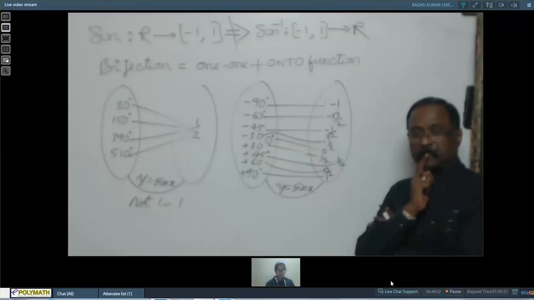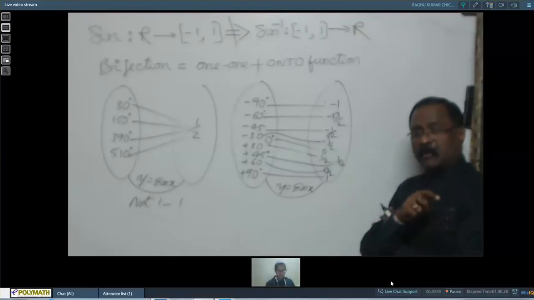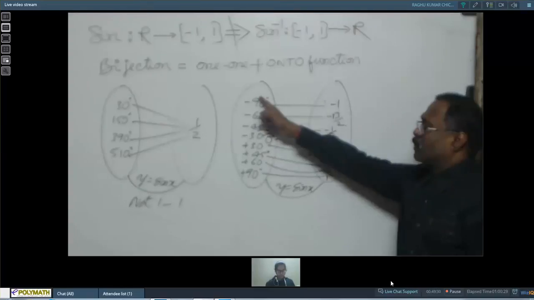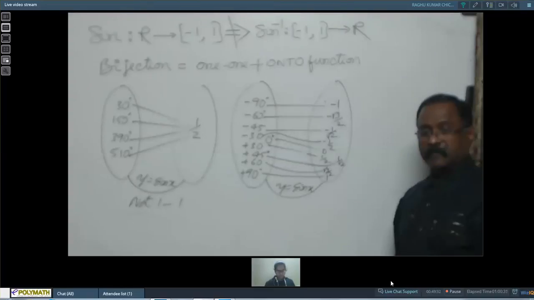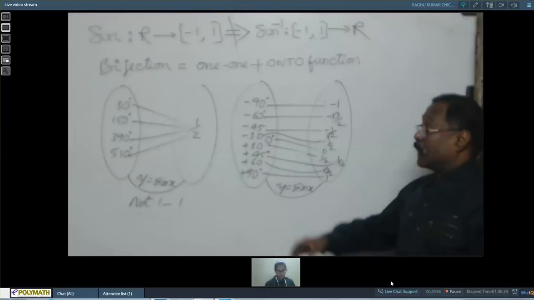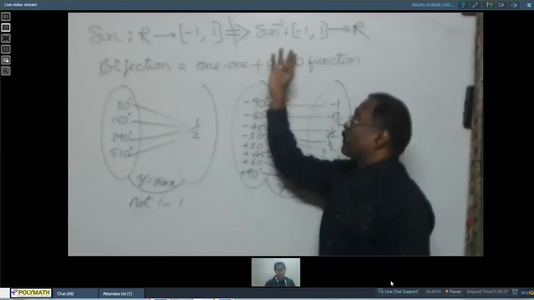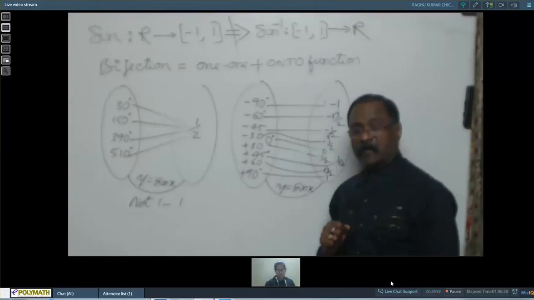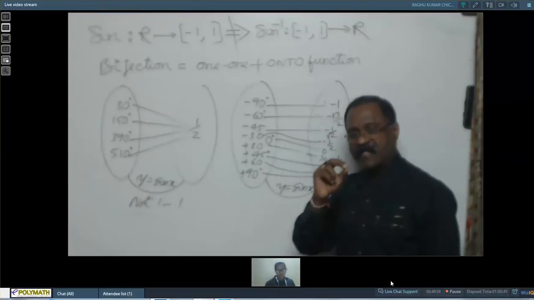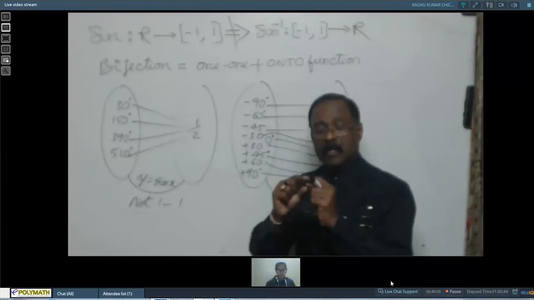So what the mathematician observed is that the sine function is behaving as a bijection when the value is lying between minus 90 and plus 90. Taken as it is over its whole domain, it is not a bijection. That is why the mathematician restricted the domain here, then the inverse is defined.